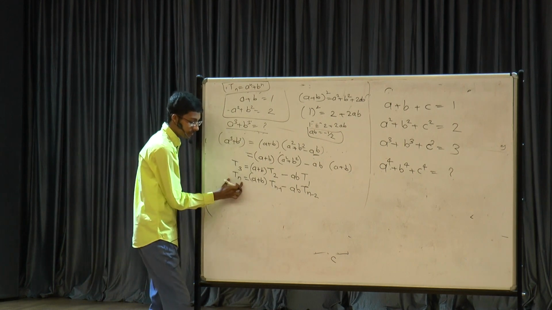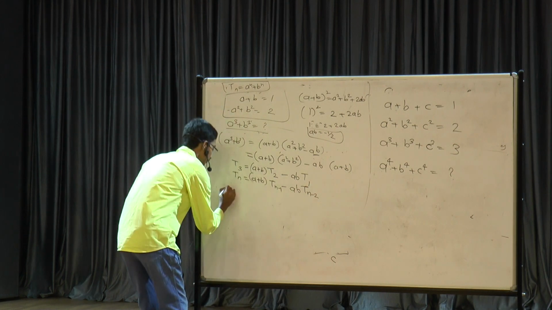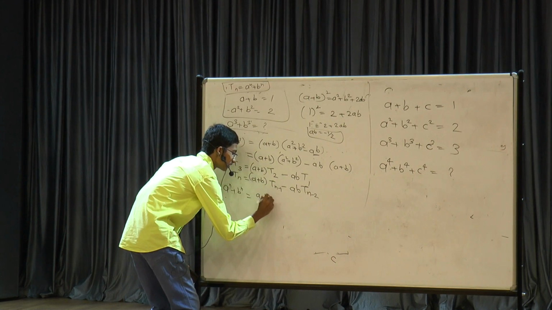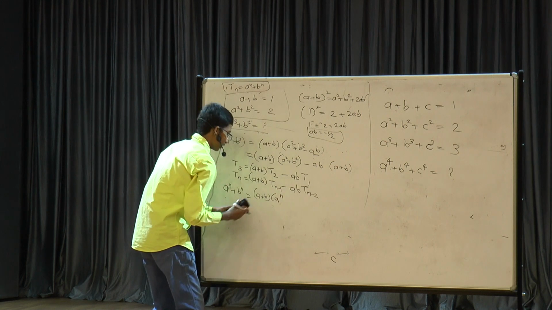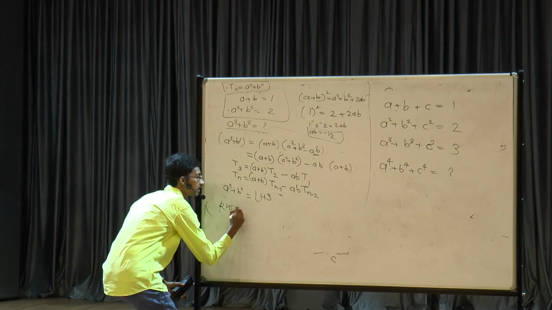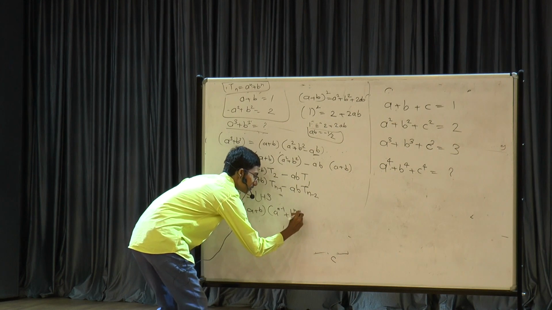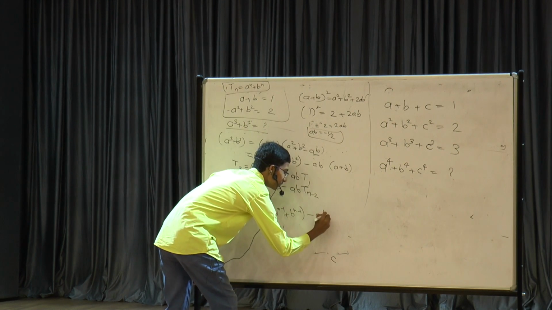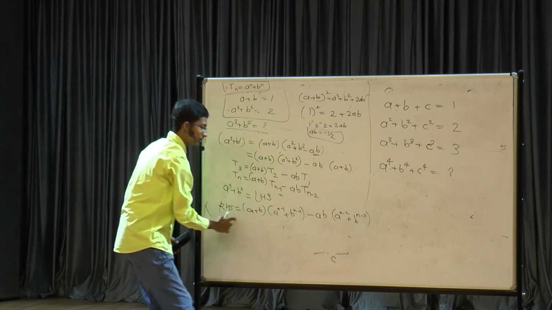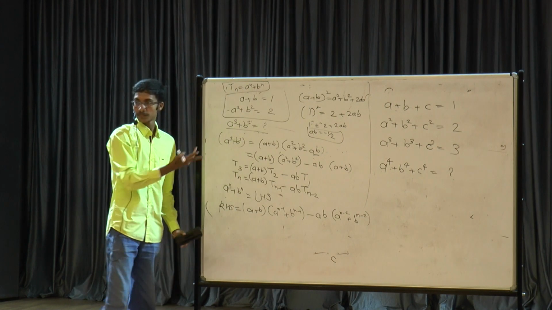Now this is A power n plus B power n. This is what we want in the LHS. RHS is A plus B, A power n minus 1 plus B power n minus 1, minus AB, A power n minus 2 plus B power n minus 2. Is everyone comfortable with this? So I'm just writing this Tn as this.